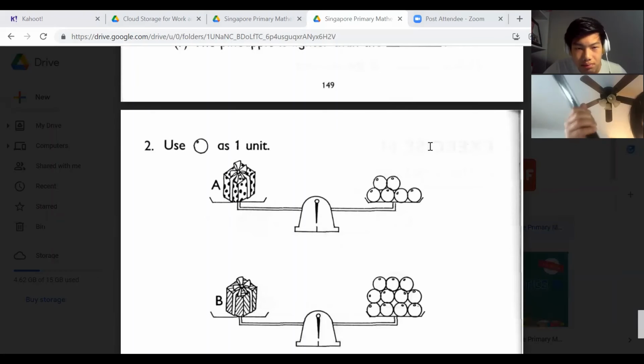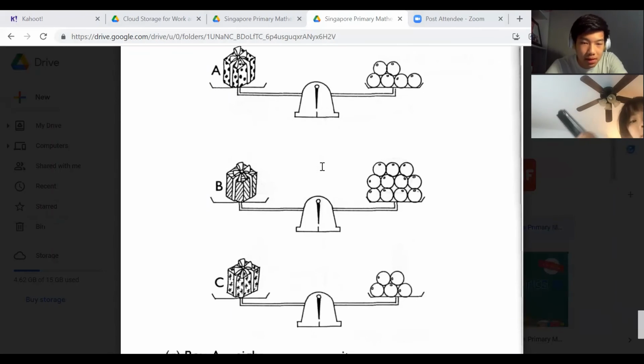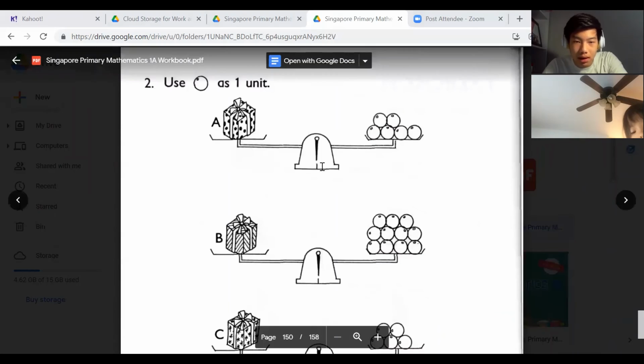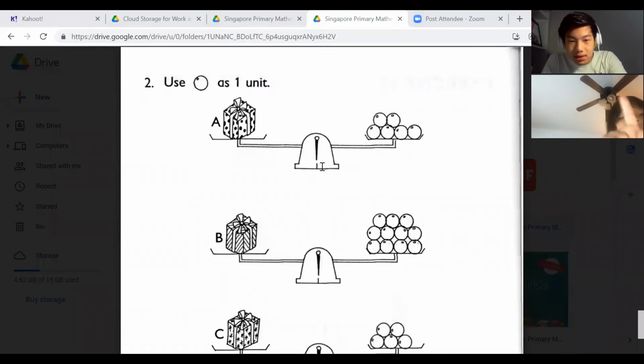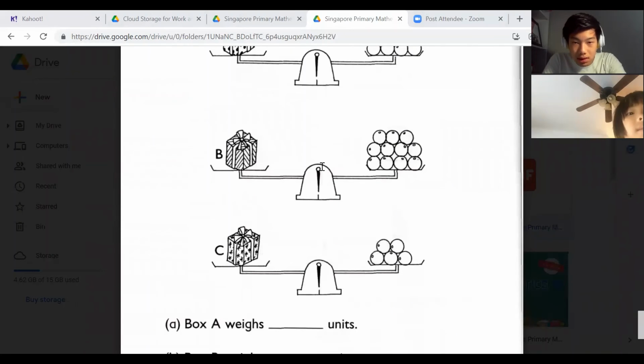I think this is an orange. Okay, so we have different presents, present A, present B, and present C. So we're gonna do the exact same thing. A is 6. B is 11.